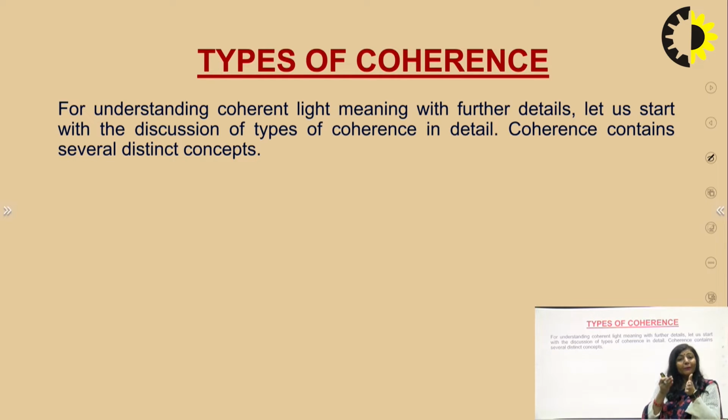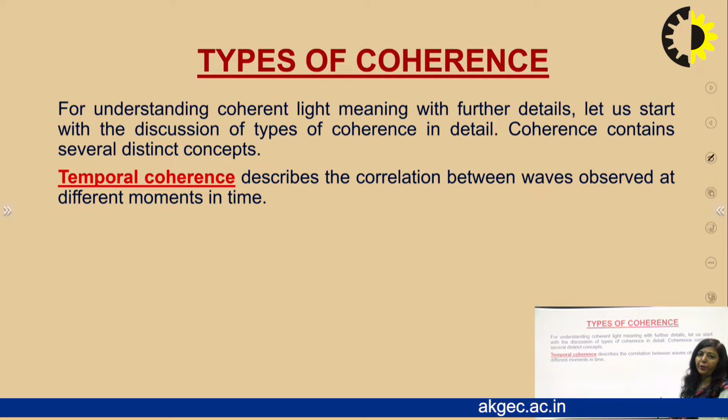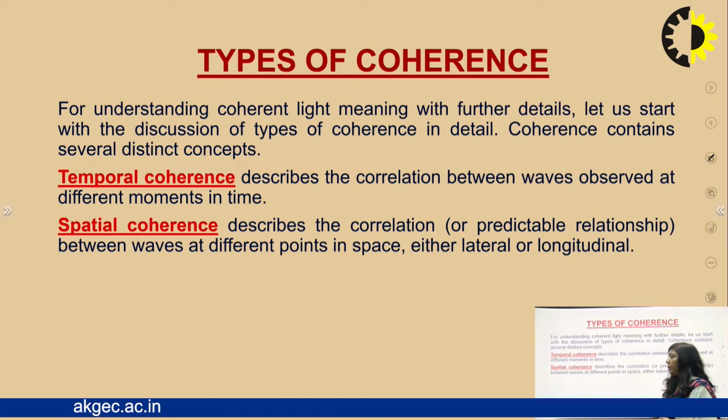In other words, the second type of coherence, which is in a plane perpendicular to the direction of propagation, is also related to the size of the source. So two different types of coherences are there. The first one is known as temporal coherence, also known as longitudinal or axial coherence. The second type is known as spatial, transverse or lateral coherence.